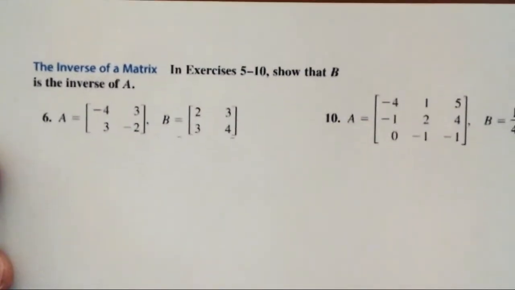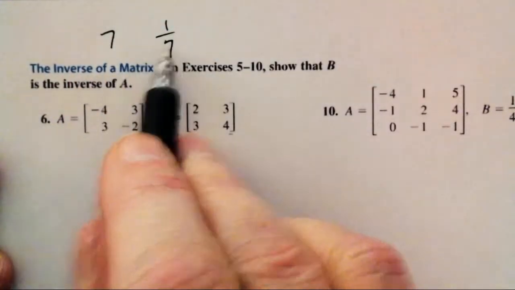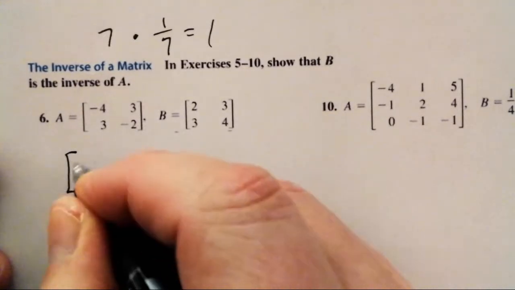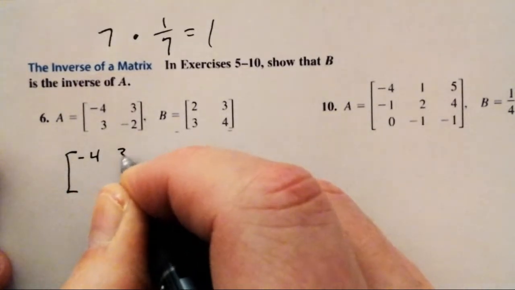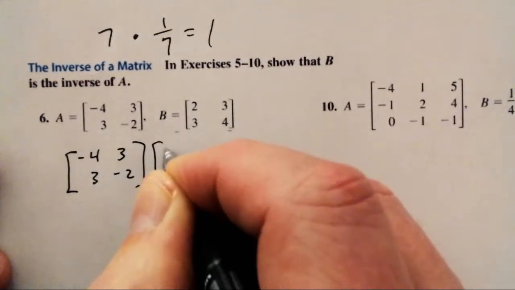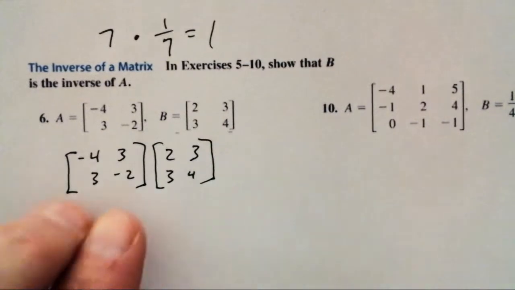Now, how do we show that matrices are inverses? Well, how do we know that 7 and 1/7 are multiplicative inverses? Because they multiply to be 1. So I want to see what these matrices multiply to be. Once again, using what I refer to as the spinny finger thing.